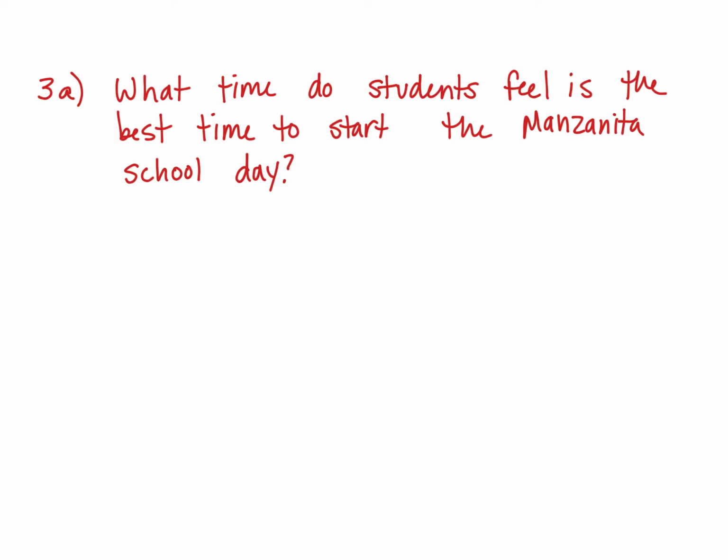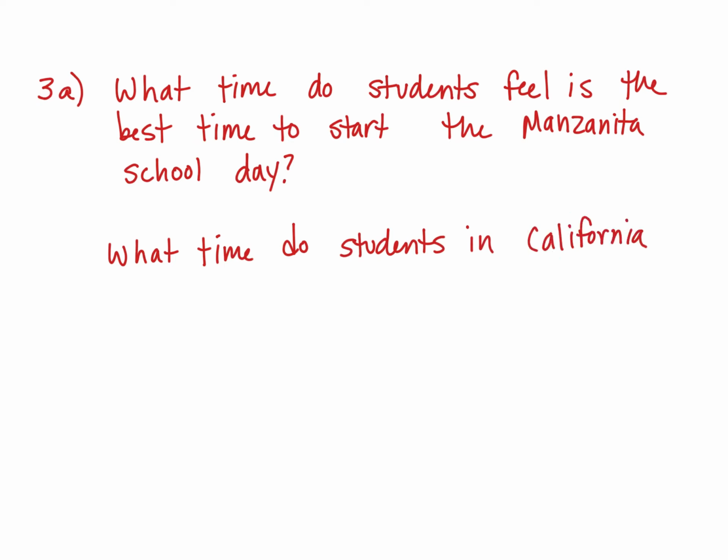But if we wanted to use the students at Manzanita as just a sample of the population, we might rephrase that question to something different. And maybe it would sound like, what time do students in California feel is the best time to start school?